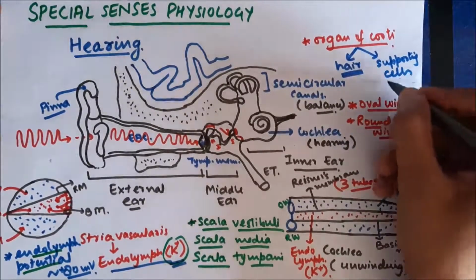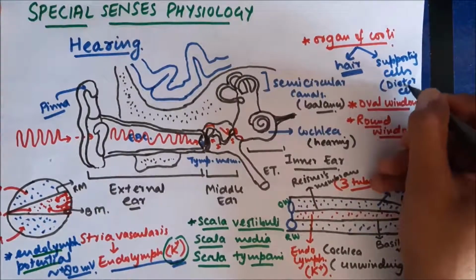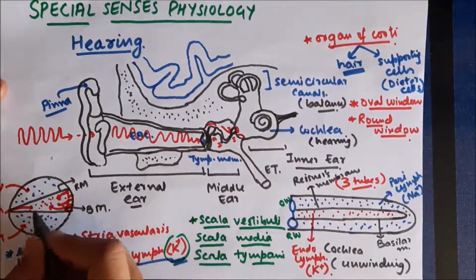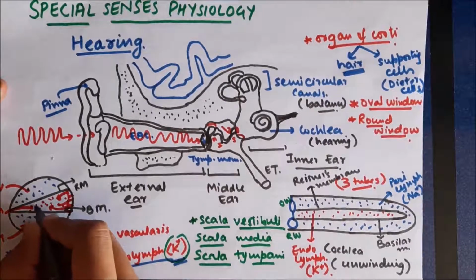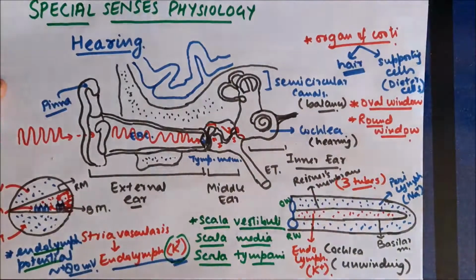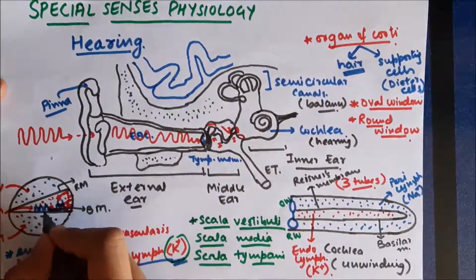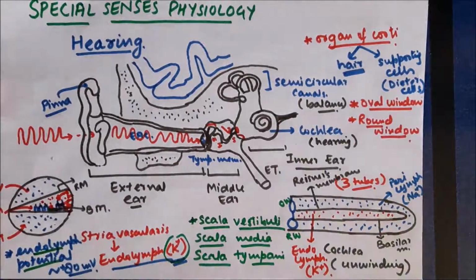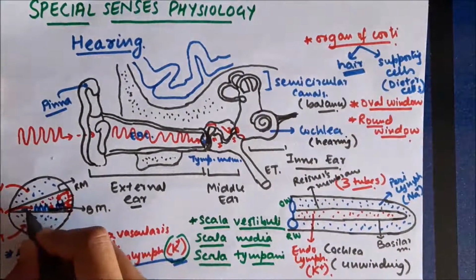These supporting cells are also called Deiters' cells. So it contains two types of cells, hair cells and supporting cells. In this diagram, on the basilar membrane, these are the hair cells, these are again hair cells, and in between these hair cells are the supporting cells, the Deiters' cells. So this is the organ of Corti, which is present on the basilar membrane in the inner ear.